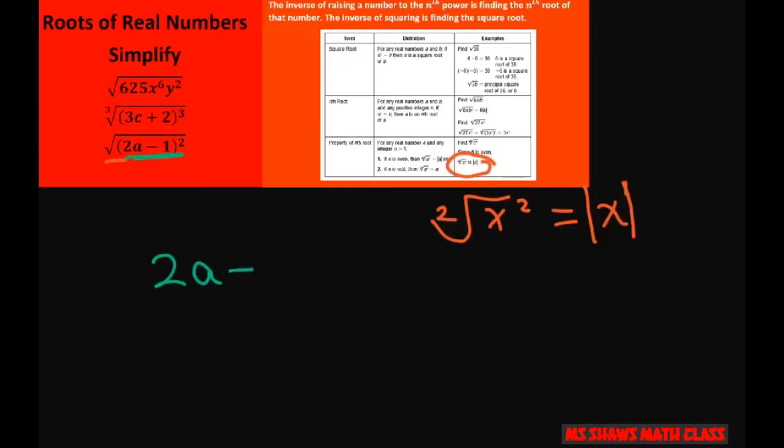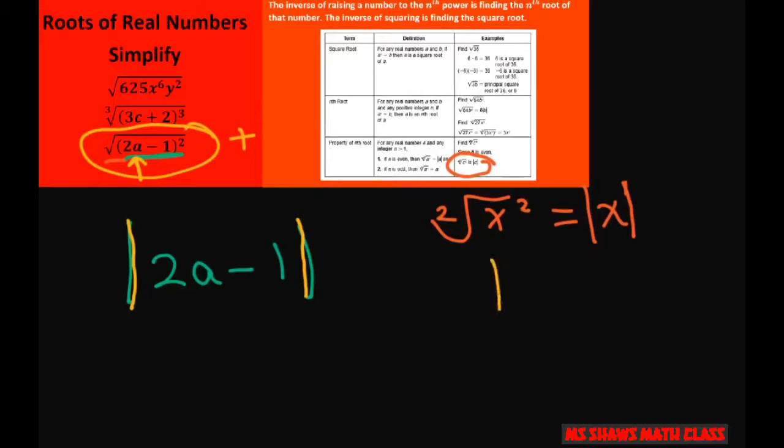It's going to be 2a minus 1, but you have to put absolute value signs on it. Because again, if you put, say, an odd number in here and square it, this is going to be positive. So we want this to be positive as well. So you write the absolute value signs.